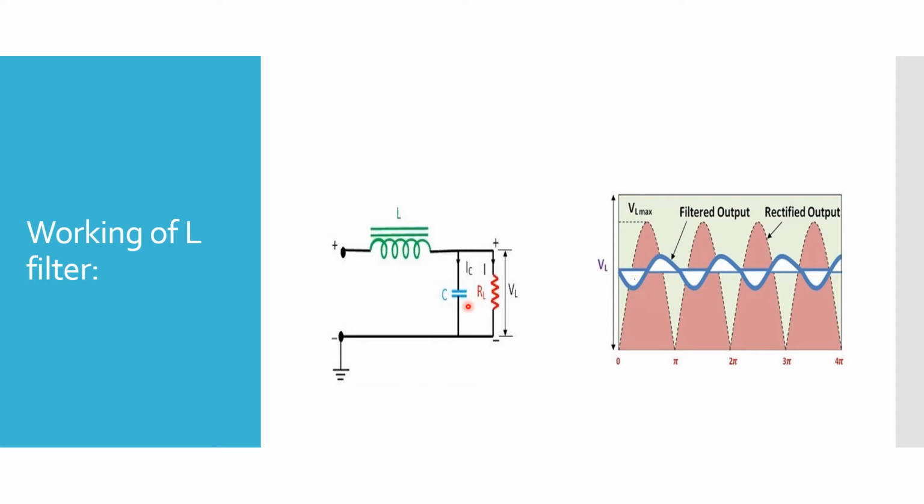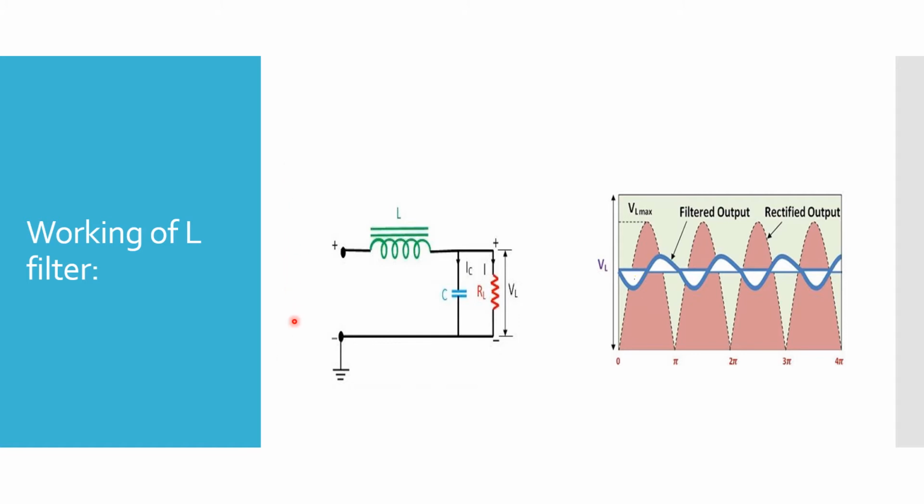Now let us see how it works, shown in the graphical representation. We can observe this curve. This is the rectified output. We might have connected a rectifier over here.